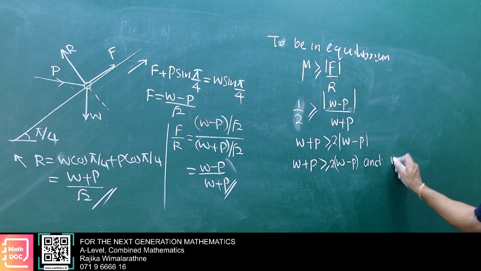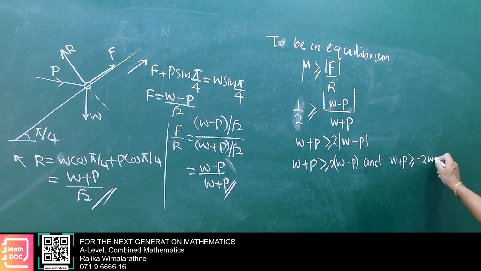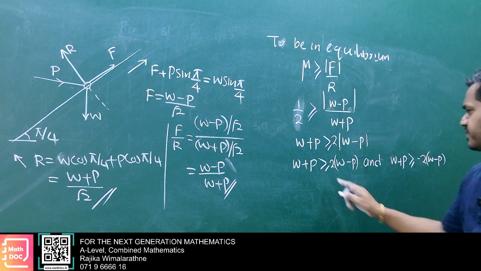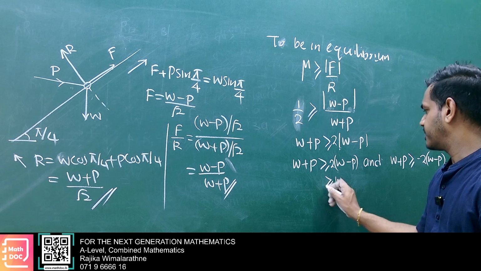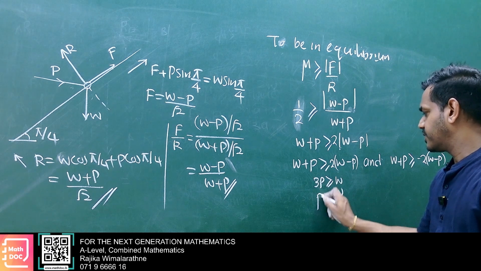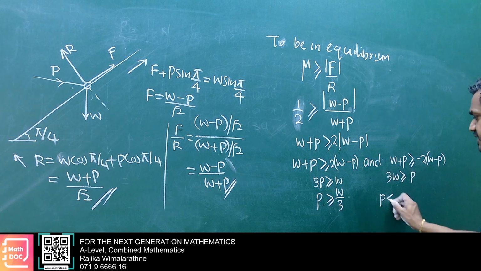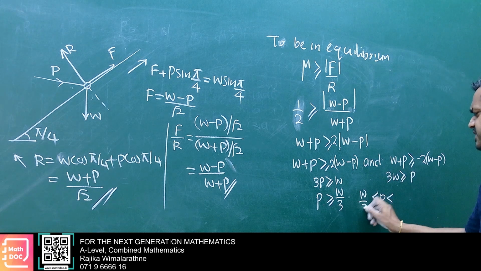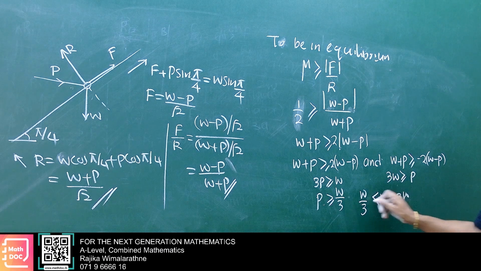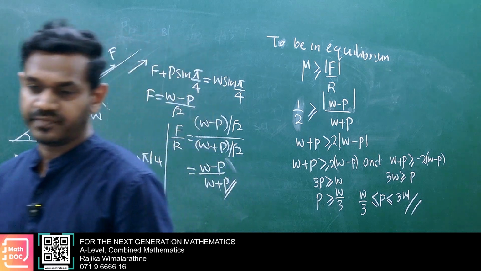Here plus or minus. P value greater than or equal to W over 3. Here 3W, P. Therefore, you can say P in between W over 3 to 3W. Complete.